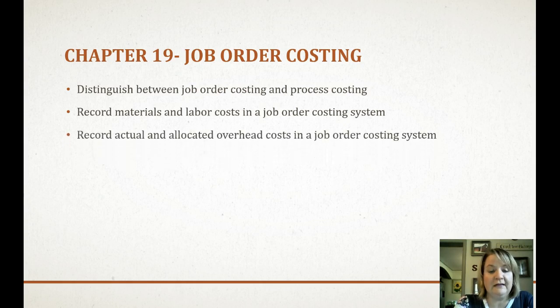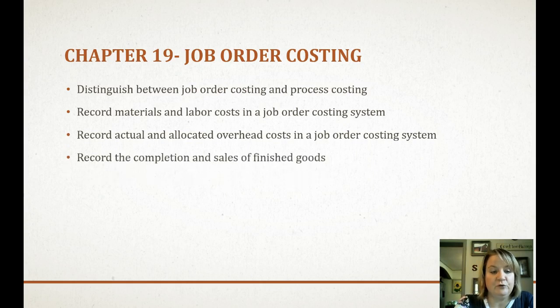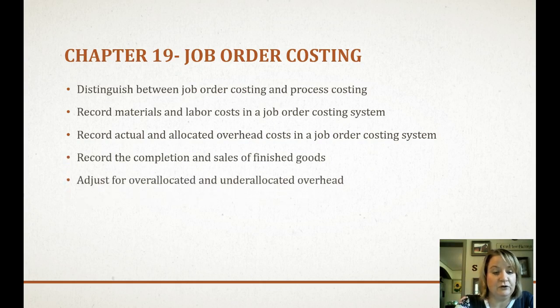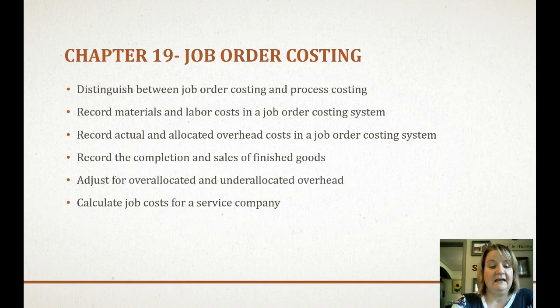Record actual and allocated overhead costs in a job order costing system. Record the completion and sales of finished goods. Adjust for over-allocated and under-allocated overhead. And calculate job costs for a service company.